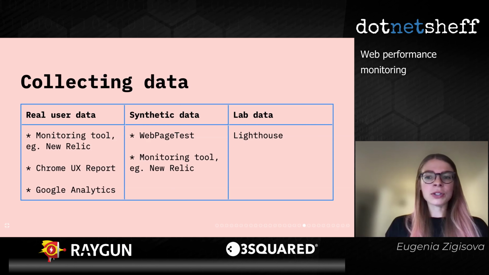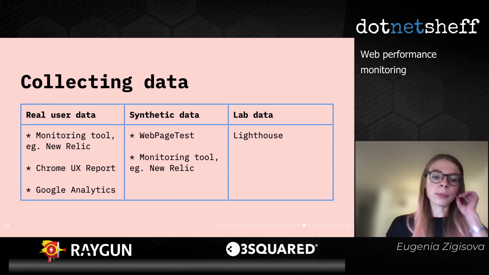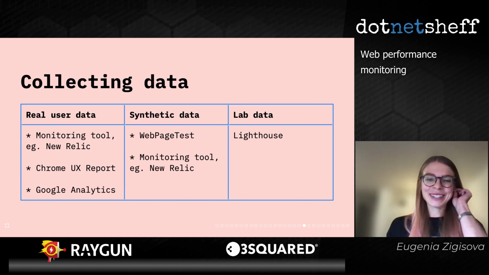But if there is no such possibility, you can use synthetic data, where you simulate locations, network connection, devices. And on your local machine, you can choose to get lab data. But it will be true just on your machine.